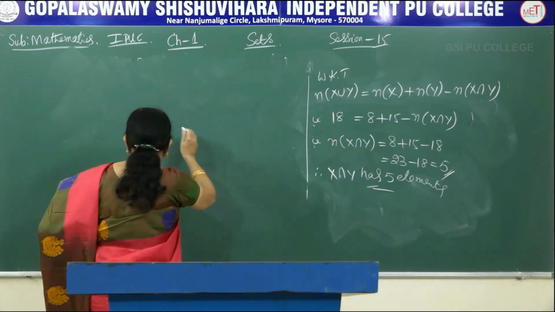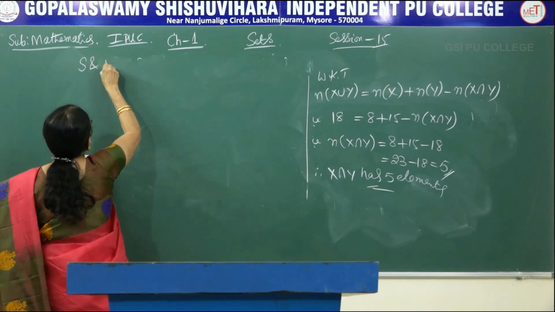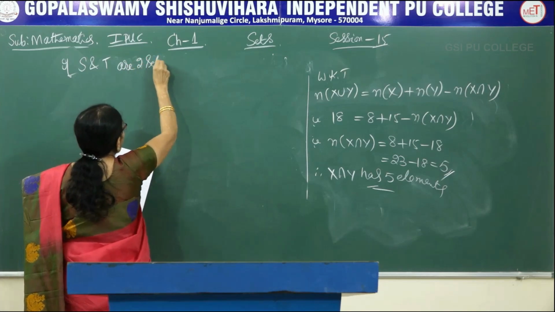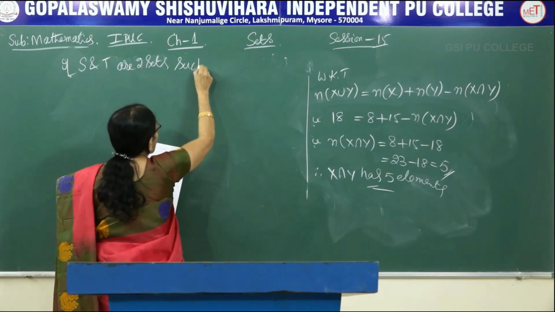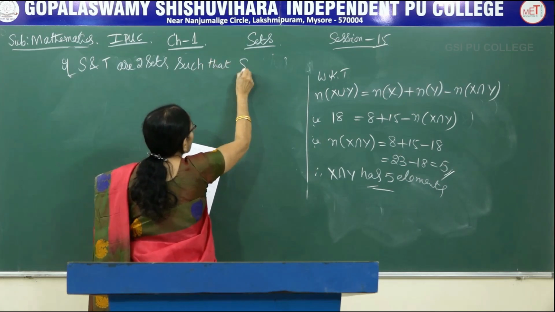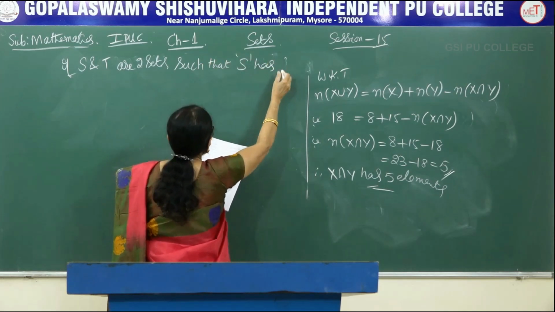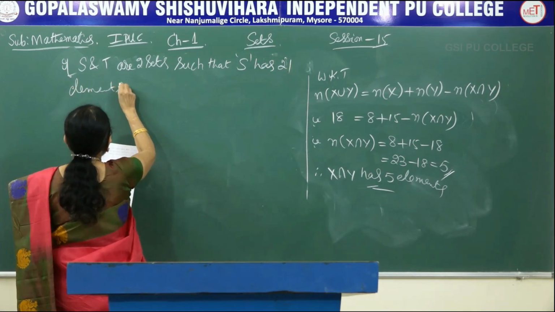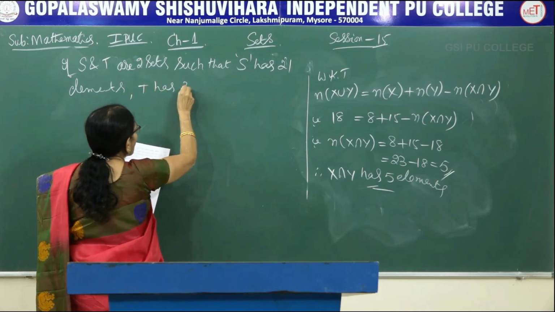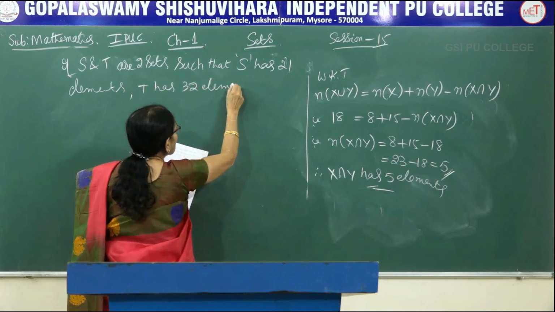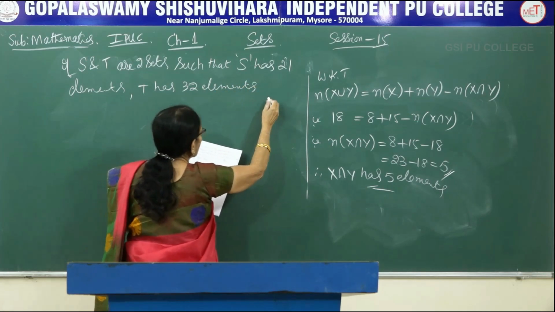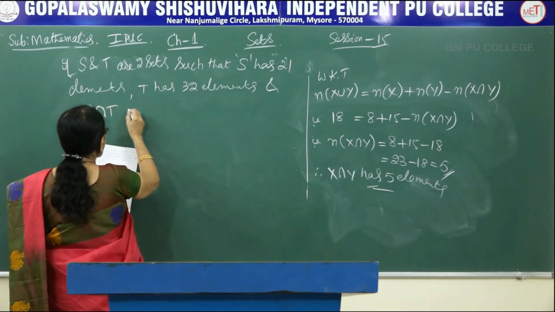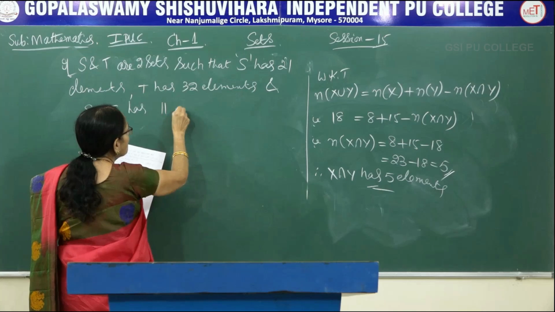Here, if S and T are two sets such that S has 21 elements, T has 32 elements, and S intersection T has 11 elements.